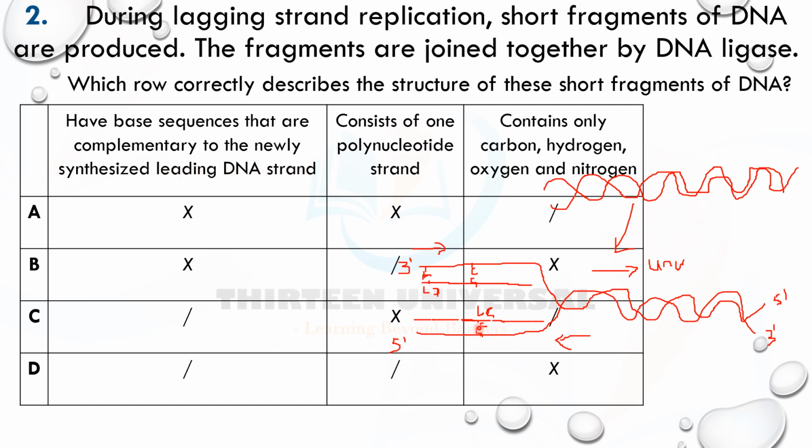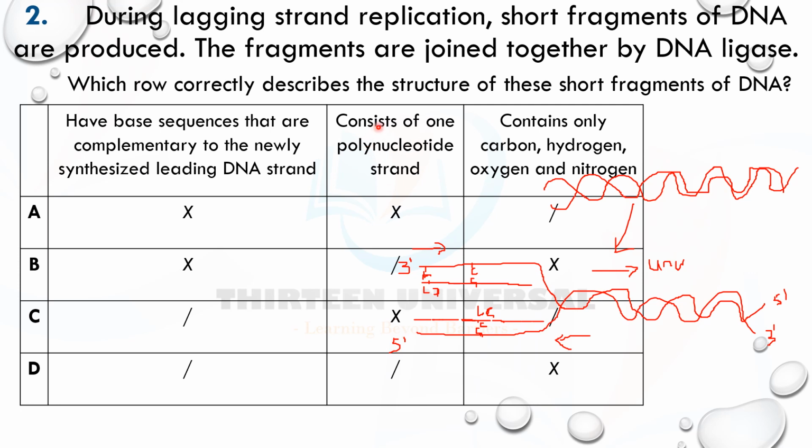Yes, whatever base is here is complementary to the leading strand, because these two template strands are complementary, so the newly synthesized strands will be complementary too. So A and B are eliminated, because the base sequences in the leading strand and lagging strand must be complementary. We focus on C and D.